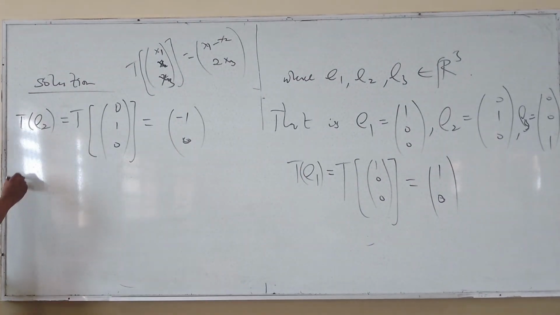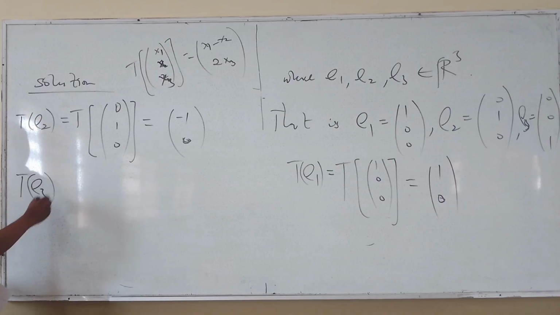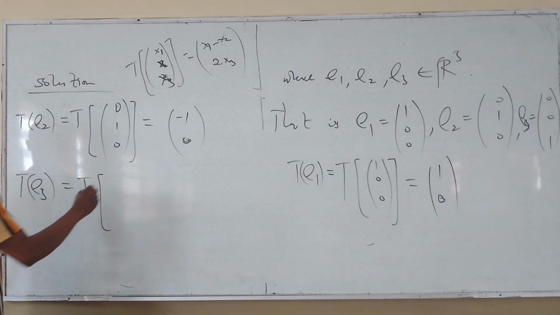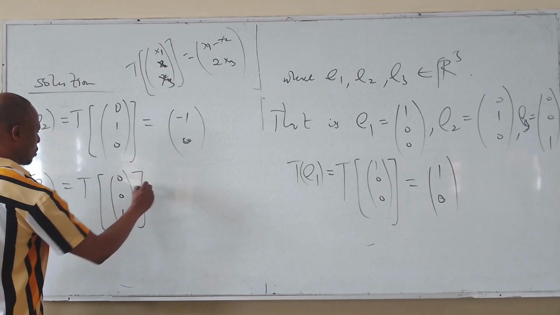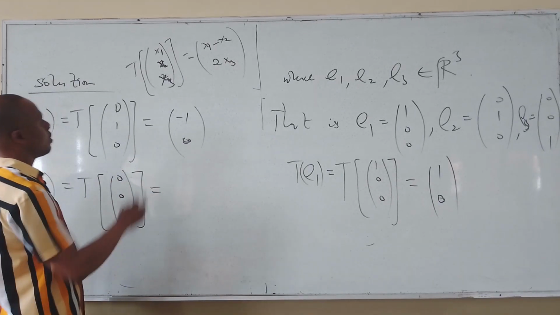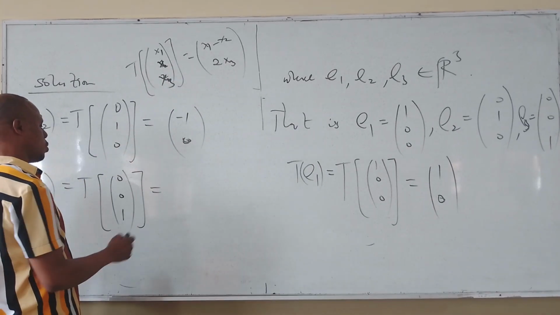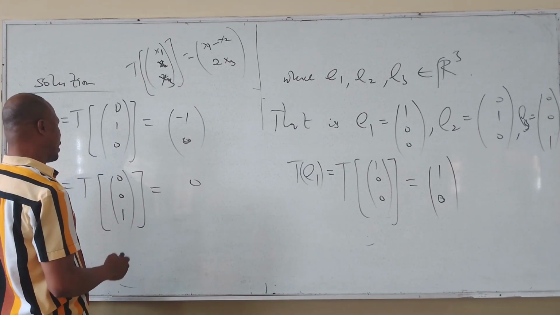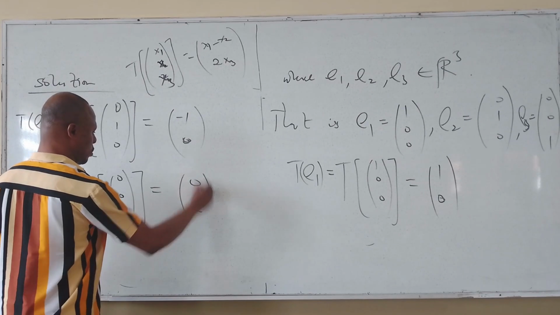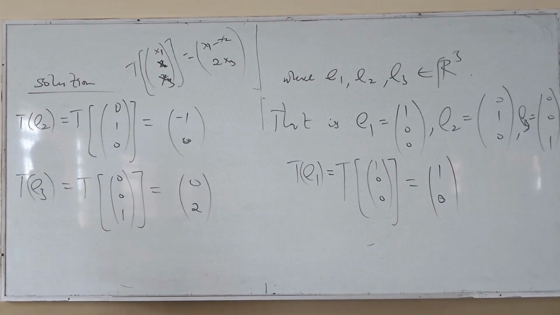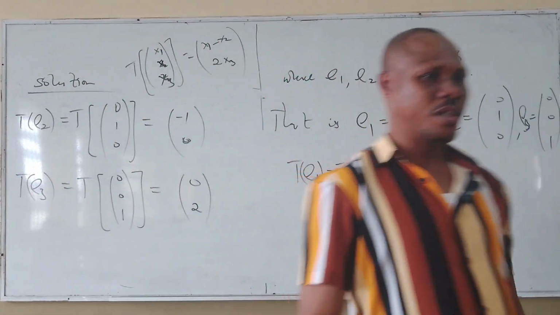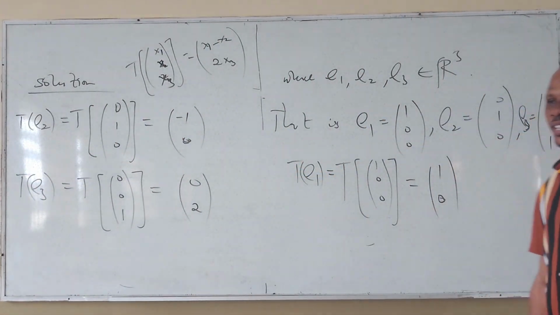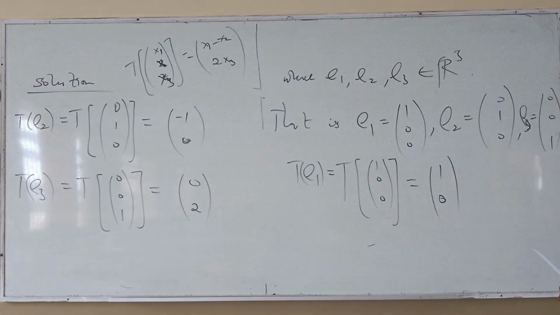Lastly, look for E3. T of E3, where E3 is 0, 0, 1. x1 minus x2 will be 0. Twice the third one will be 2. T of U1, T of U2, T of U3 are the columns of the standard matrix. When you place them as the columns, you have your 2 by 3 matrix. You are done.